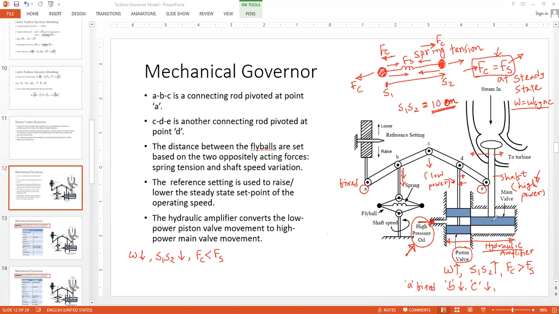But today, let me finish this topic for the time being by saying that this movement of the main valve closes or opens this gate. This is the gate, or steam valve, gate valve or steam valve.